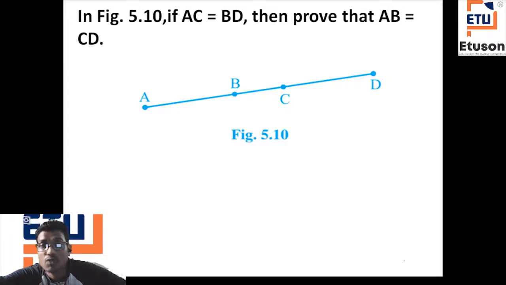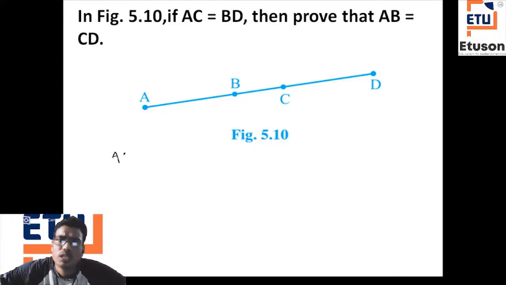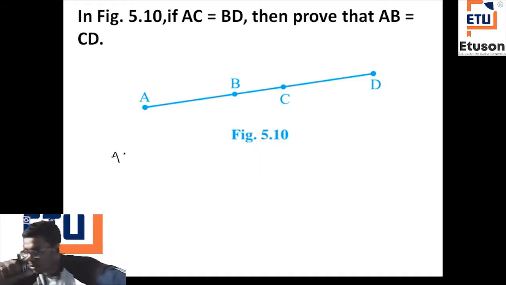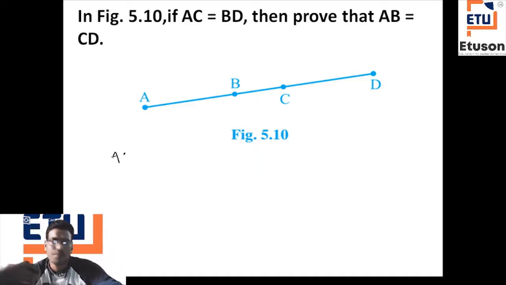If AC is equal to BD, a condition is given. What is the condition? AC is equal to BD. Think properly. How do you interpret a question actually? Just try to read or understand part by part, not go through the question at a time. It's my principle. If you have the ability to go through the question at a single instance, then you can go by.